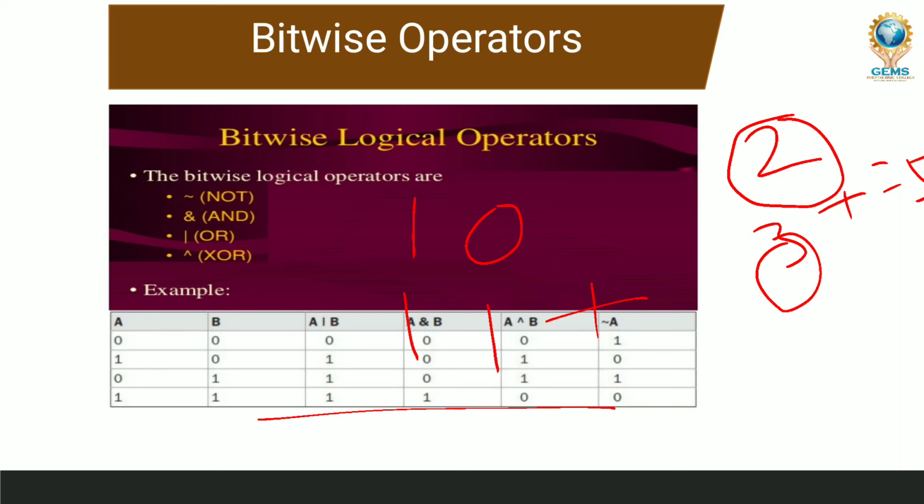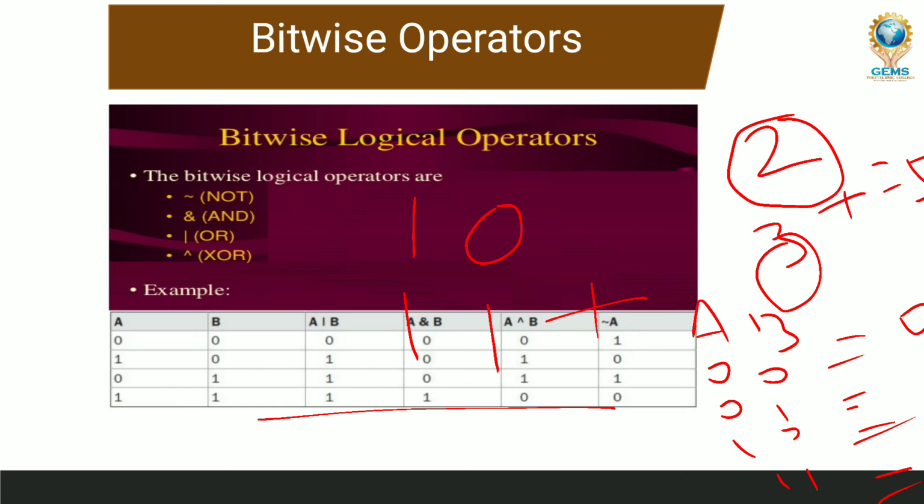In the truth table of the AND operator, A is there, B is there. The cases are 0 0, 0 1, 1 0, and 1 1. When both are 0 0, the answer is 0. For 0 1, the answer is 0 again. For 1 0, the answer is 0. When both become 1, then the answer is 1. This is the truth table.